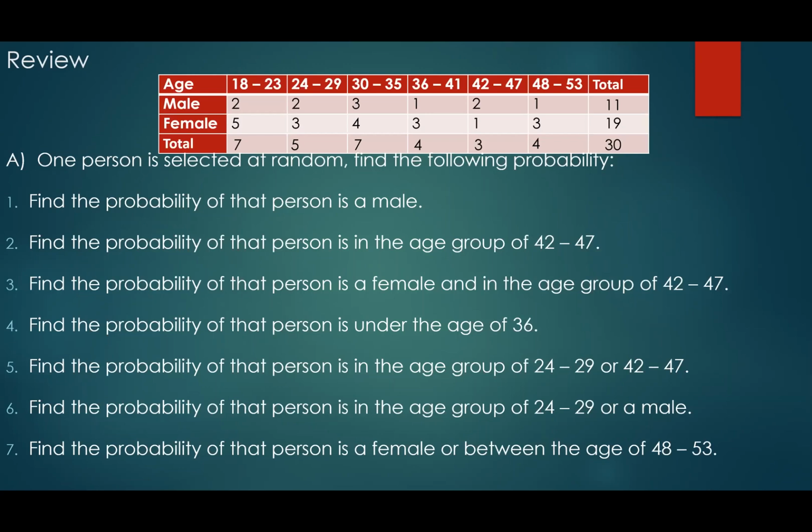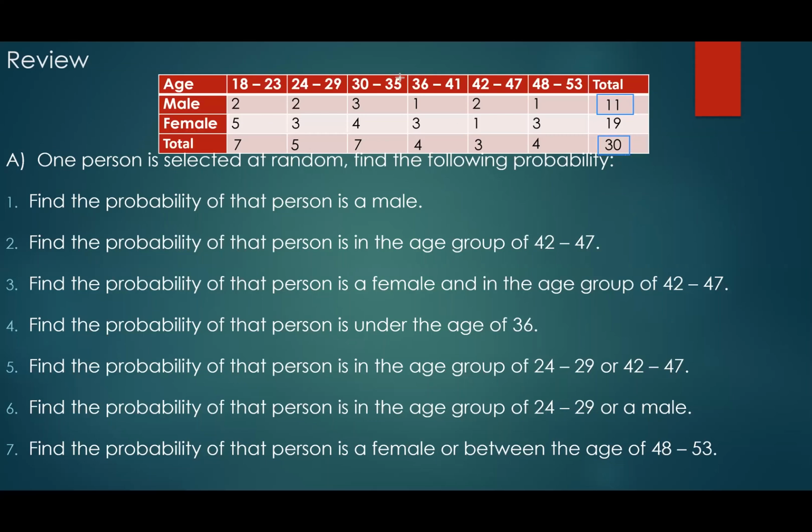All right. So let's take a look at number one. This is what they ask you: find the probability that a person is a male. So we only select one person. What is the probability that this person is a male? Do you agree that this is just a simple probability? If you agree, all you ask yourself is, in this data, how many males do I have? As you can see, I have 11 males out of the total of 30, right?